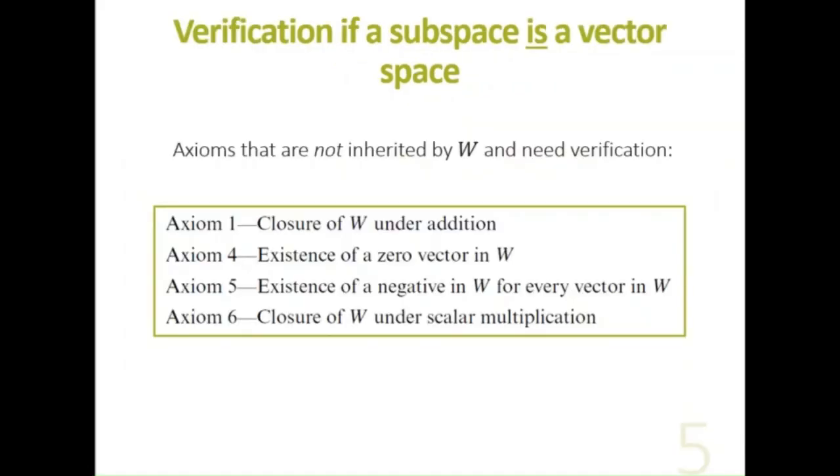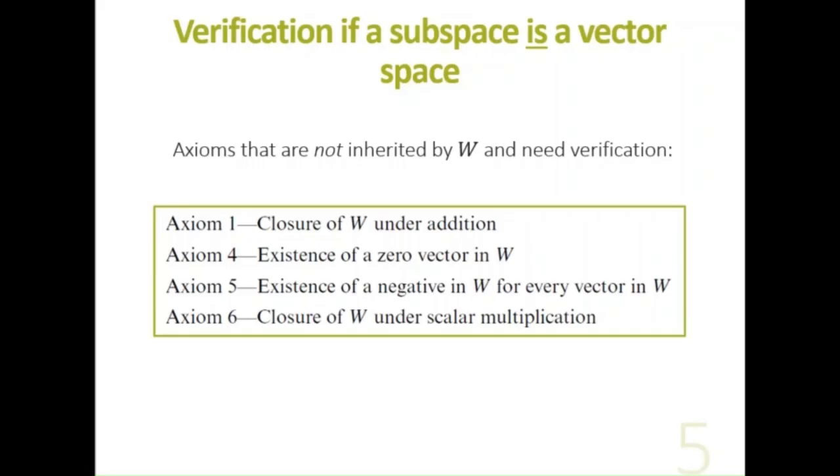So here we have a reduced amount of axioms that we actually have to look at. So if we're looking at this space within a space and we want to know, okay, is this subspace a vector space as well? Well, the ones that we do have to look at are axioms 1, 4, 5, and 6. You can assume that the rest of them are inherited and that they do hold true, but these axioms 1, 4, 5, and 6 will still need verification.